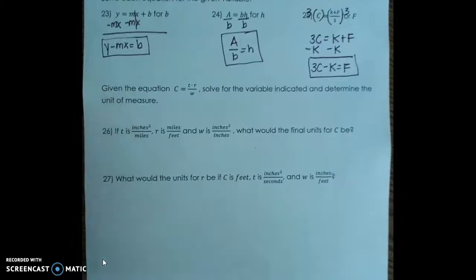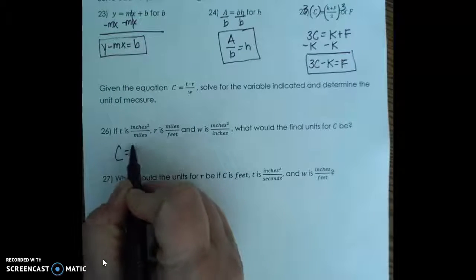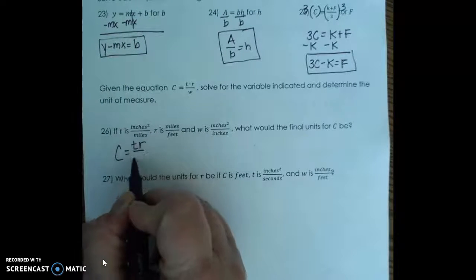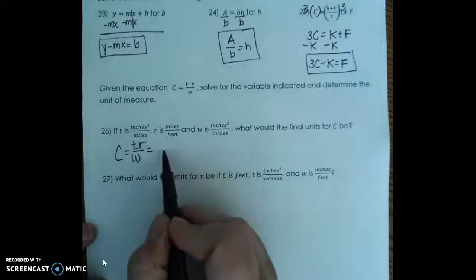Instead of giving you numbers to plug in on question 26, I'm actually giving you the units like when we were doing our dimensional analysis. So I'm going to take the original formula, C equals T times R divided by W, and I'm going to substitute in.